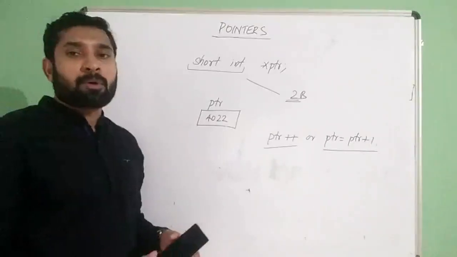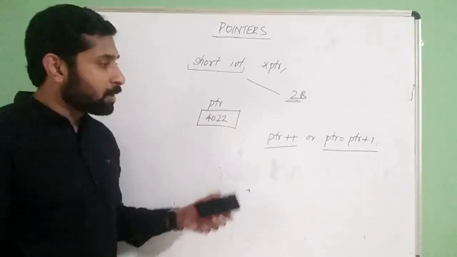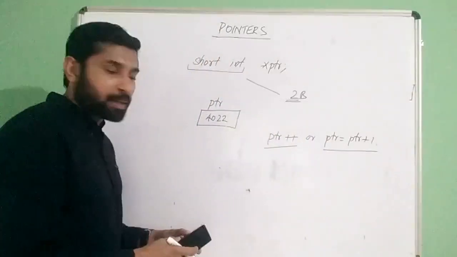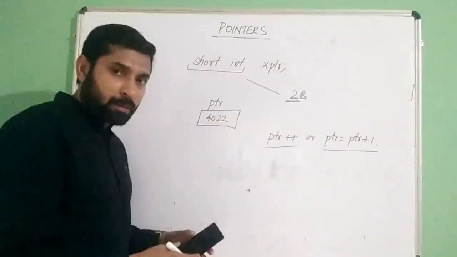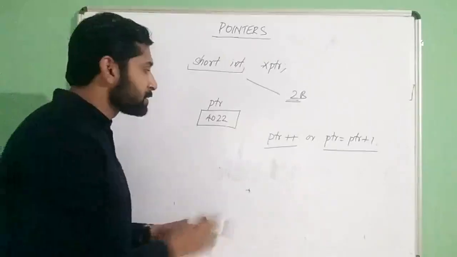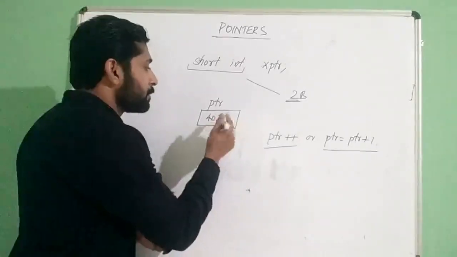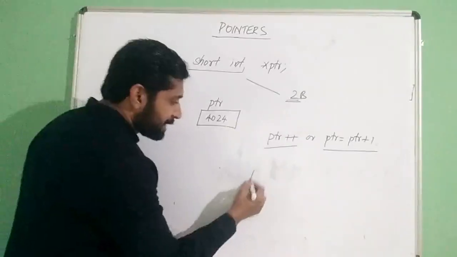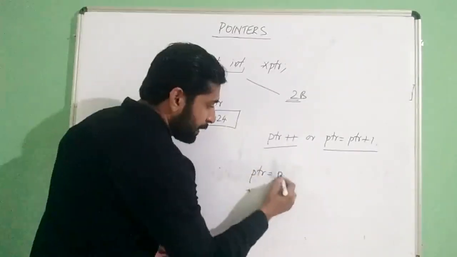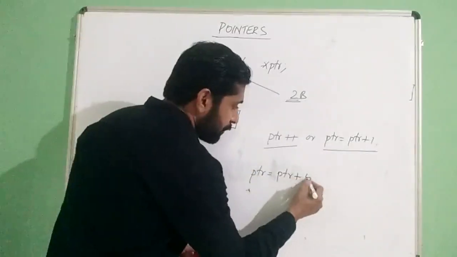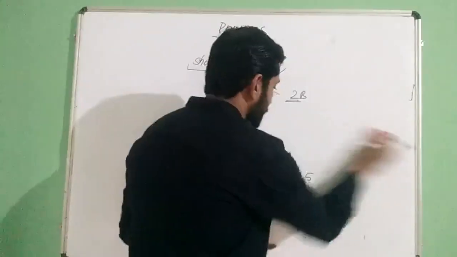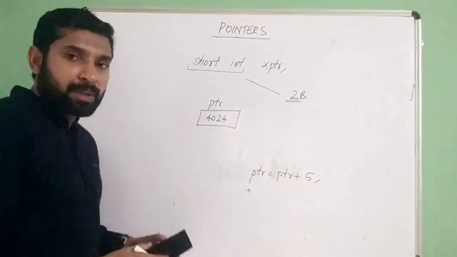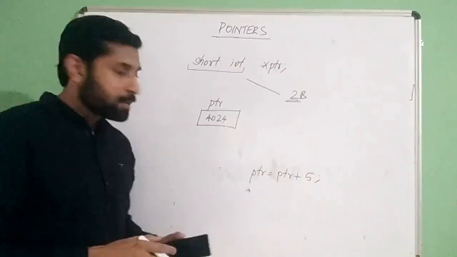Again, if we perform one more increment, PTR plus plus, that is adding 1 to PTR, what happens? It becomes 4024. If you are writing a statement like this, PTR equal to PTR plus 5, let 4020 be the present content.